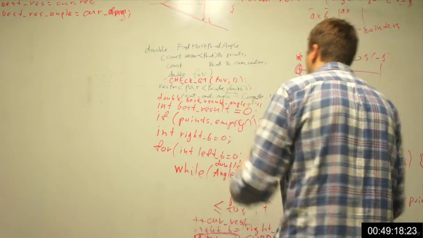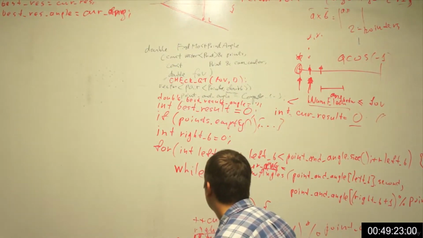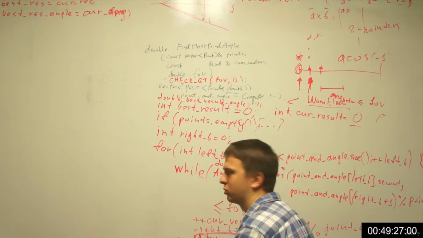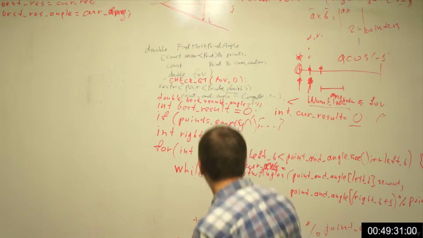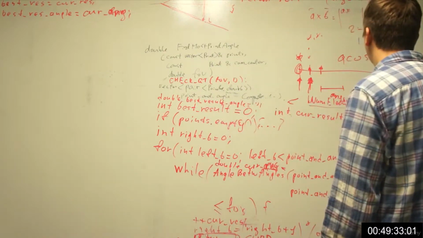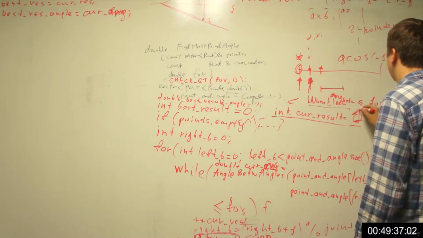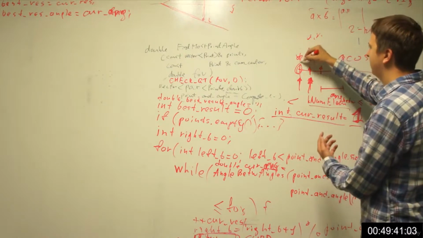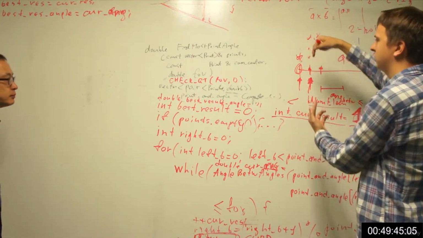When left bound goes, we need to subtract from the current result, because left bound also moves, right? And moreover, we need to set current result equal to 1, because at first my left and right bounds look at this point.